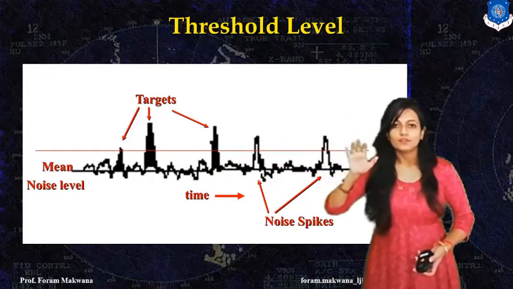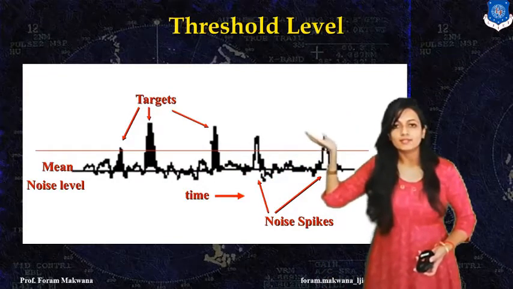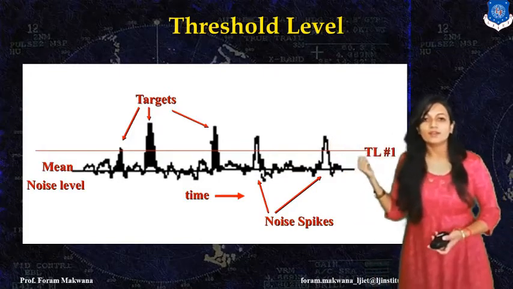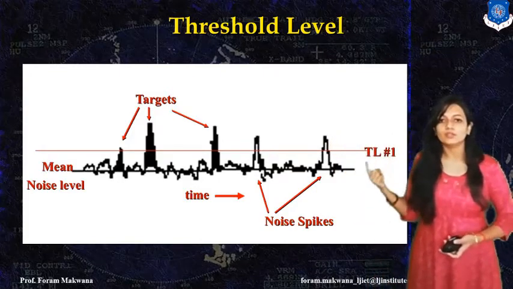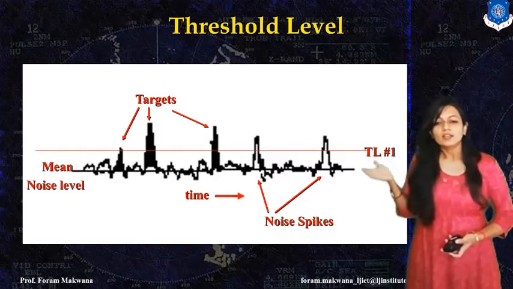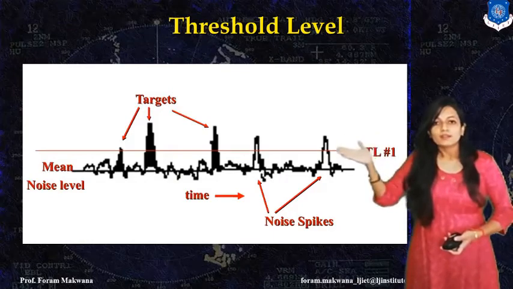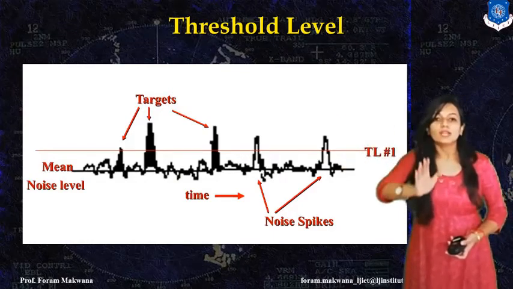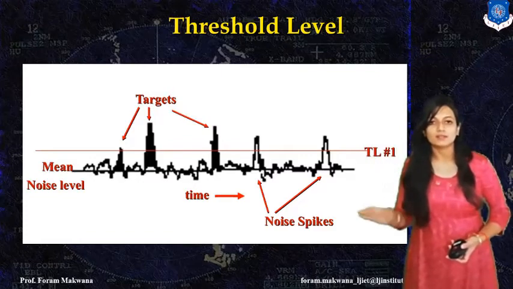If the threshold level is higher than this, how? Over here we have defined 2 thresholds. One is TL1, that is threshold number 1, which represents that if a spike has a value greater than the threshold level, then we can conclude that the target is present, otherwise not.